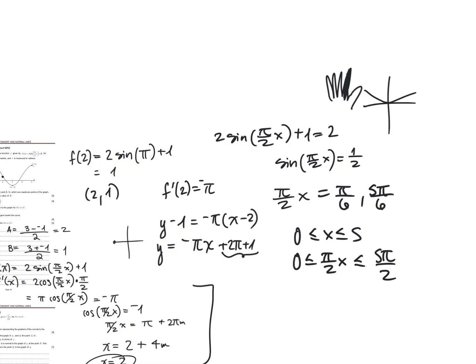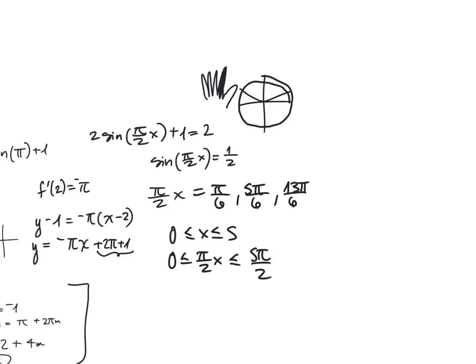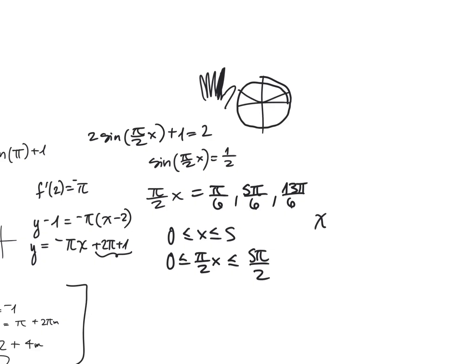And we need to go all the way around to 2.5 pi. So we have 13 pi over 6, because that's 2 pi plus pi over 6. Now if we divide by pi over 2, which is multiplying by 2 over pi, we have 1/3, and 5/6... 5/12.